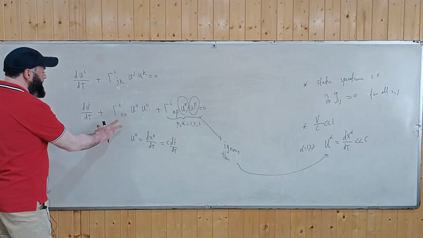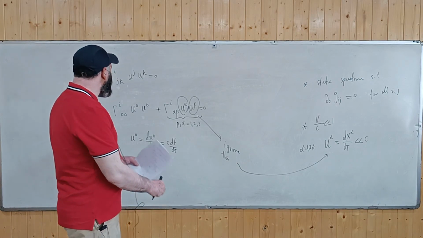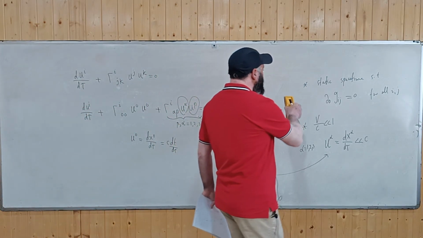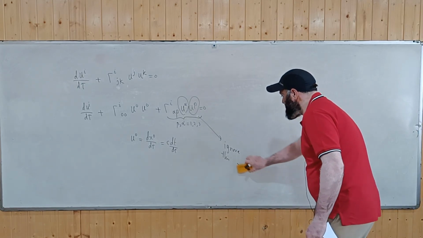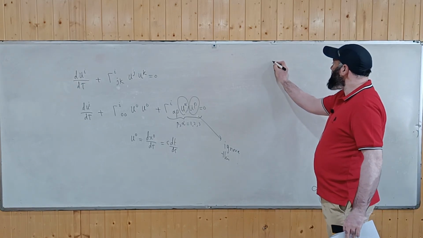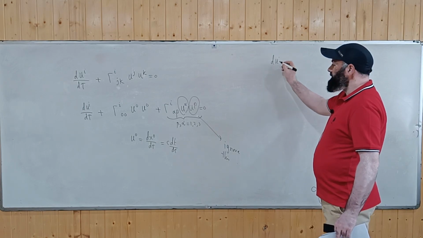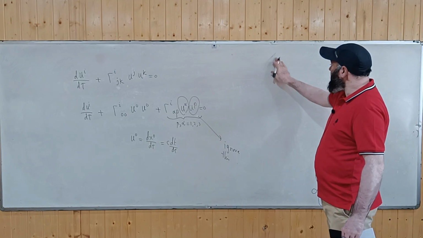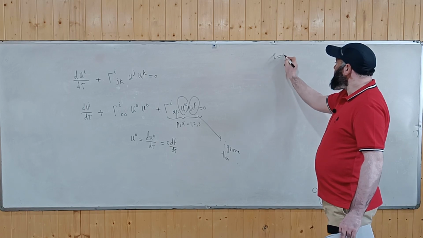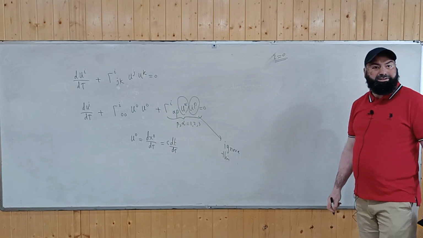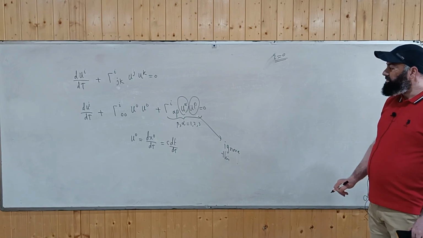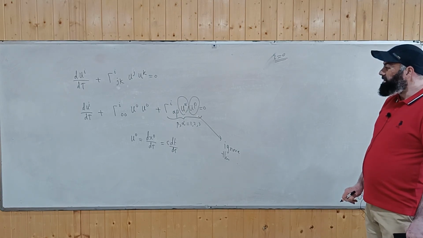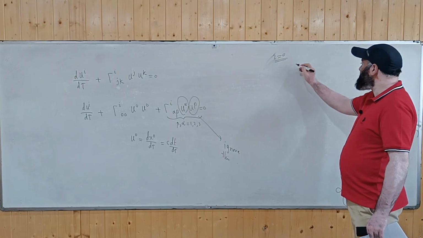Okay? So now let's look at these two terms. So let me write now. Let's take i equal to 0. So that means the 0 component equation. Okay, so let me write what that is equal to.